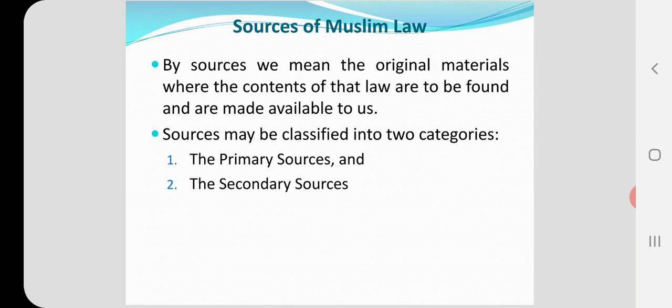But there are two disclaimers. The first is that whatever we are going to discuss today is about a particular religion. And therefore, there are so many things which will become the part of today's lecture, which are the subjective opinion of a particular community.